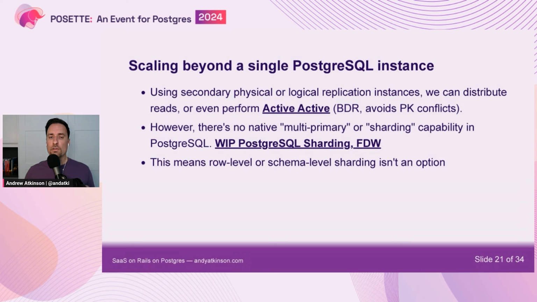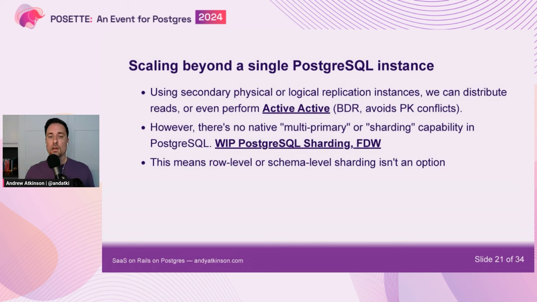We don't have multi-primary capability or sharding capability. There is a page on the Postgres wiki about a work in progress sharding design using foreign data wrappers. That's interesting, but we don't have this capability natively currently.